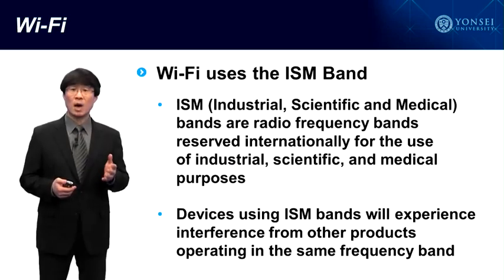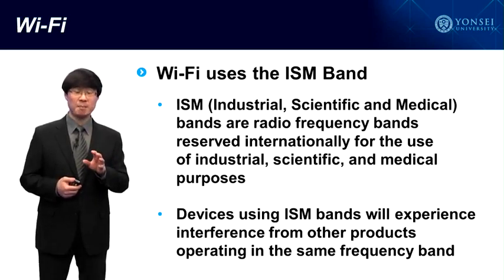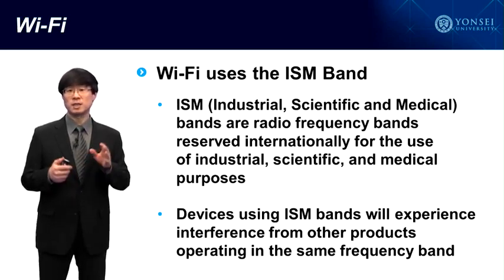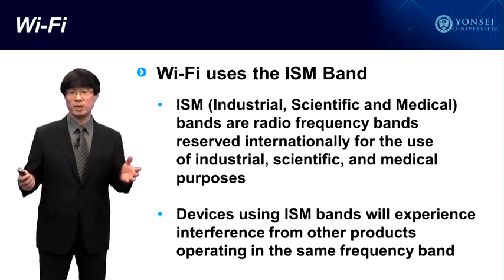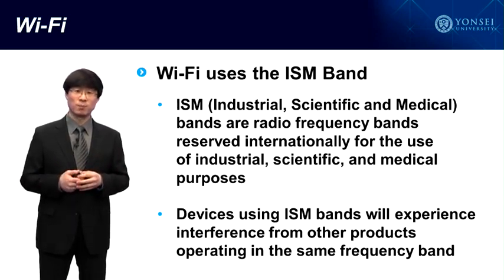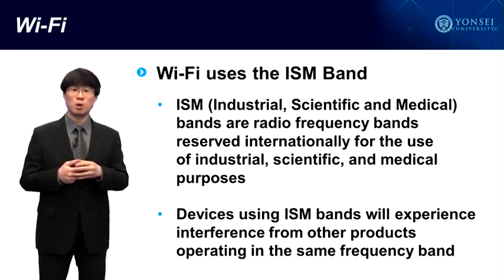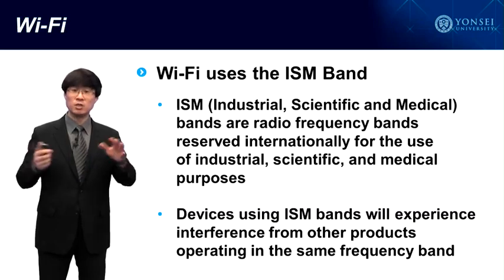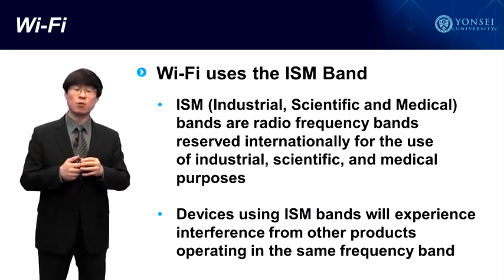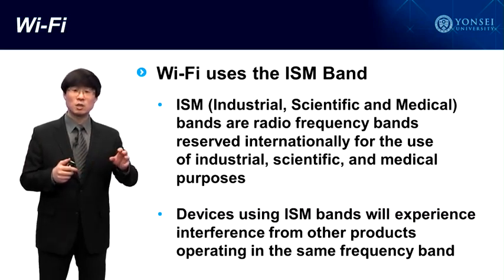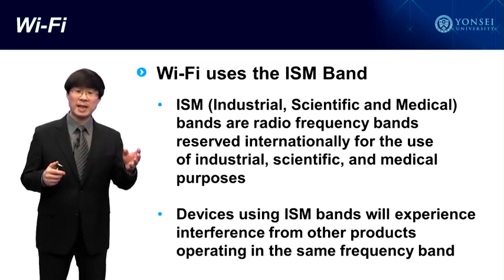Now, Wi-Fi uses the ISM band, and we need to know about this because this influences the characteristics of our communication network. ISM stands for industrial, scientific, and medical. It's an internationally reserved band, and for these purposes, it is not going to be licensed.